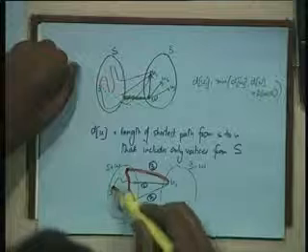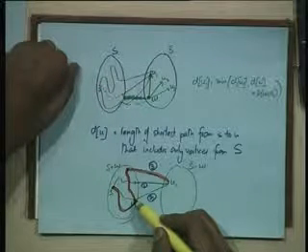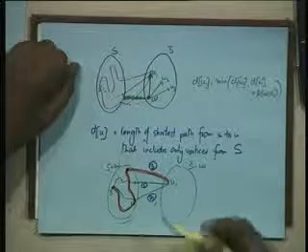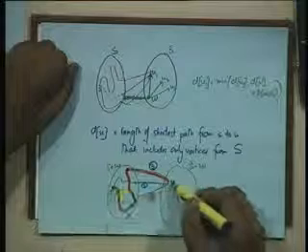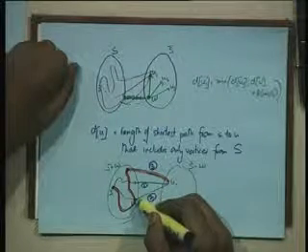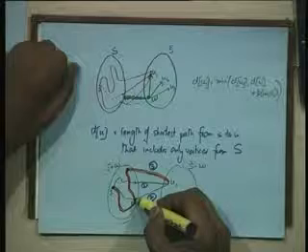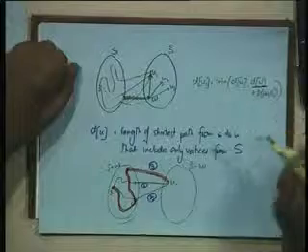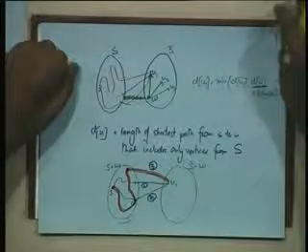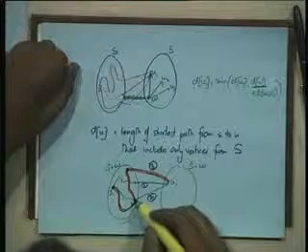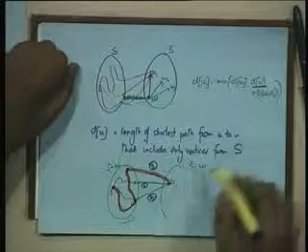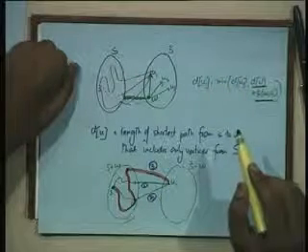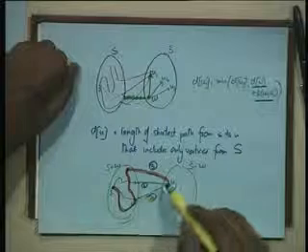So the path from S to W is the shortest path from S to W. If this is the shortest path from S to U1 and it goes via W like this, then this part has to be the shortest path from S to W, which has length d of W by your induction hypothesis. And then this plus this length would be the length of this path from S to U1. So that is getting captured here. We are accounting for the length of such a path.